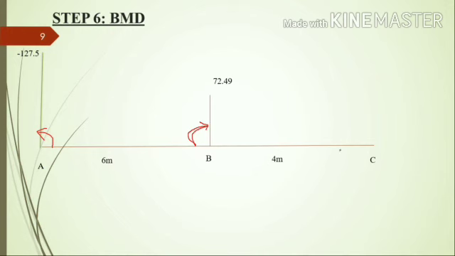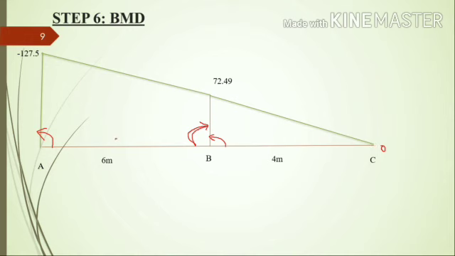When we consider MBC, minus 72.49, rotate the member BC in the anti-clockwise direction, and we also get 72.49 in the top portion, above the baseline. Similarly, consider C, MCB equal to 0. Then join these end moments. So we get the end span moment like this.